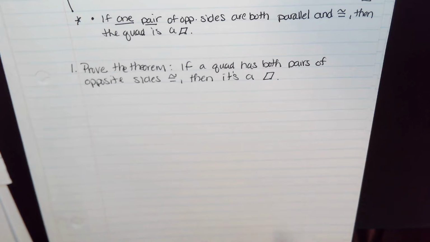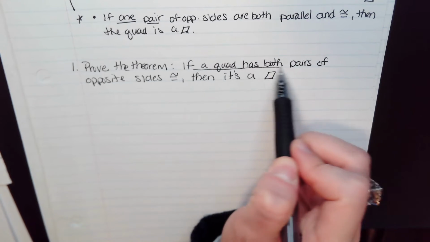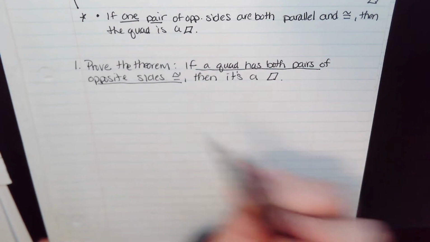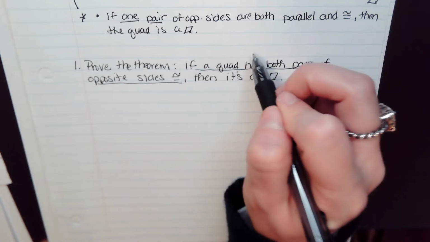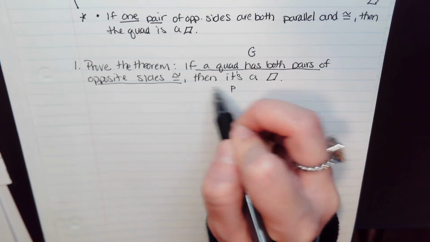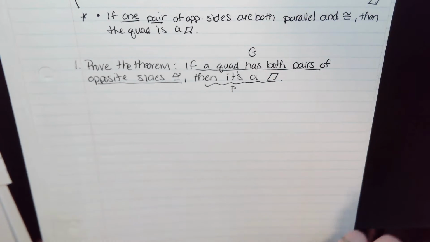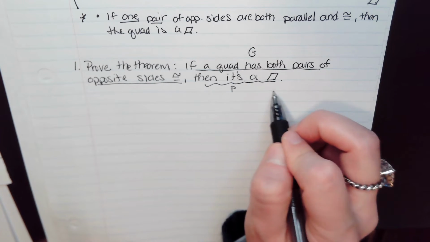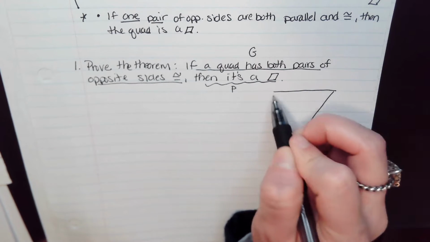Remember with the theorem, the if part, so if a quad has both pairs of opposite sides congruent, that's our given, and then our prove is the then part, so we're proving it's a parallelogram. I'm going to give you a picture to go along with this one.